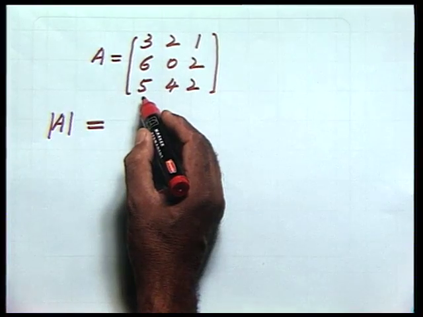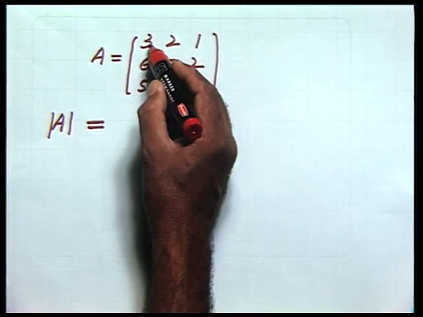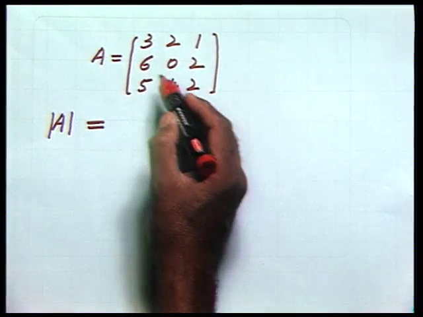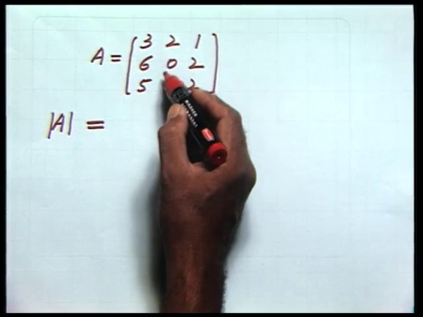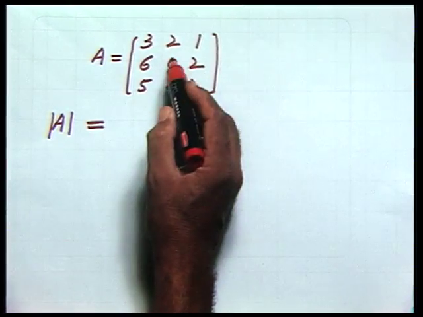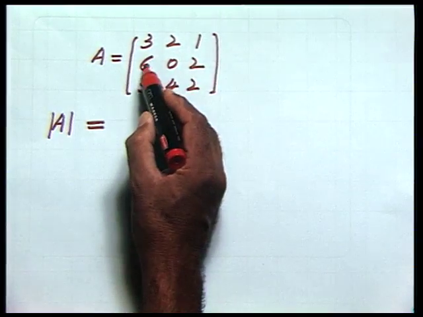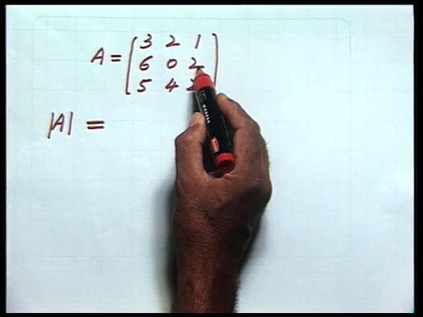In this case, to find this value, we can look at these columns and these rows and choose 2 columns or rows by which we can make our calculation simple. You observe that in case the double of this row is subtracted from this, this becomes 0, this does not become 0, this becomes 0.